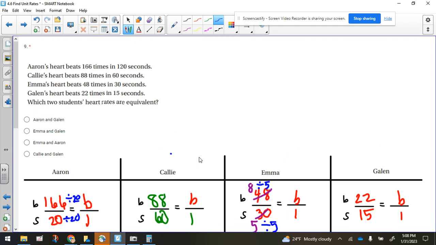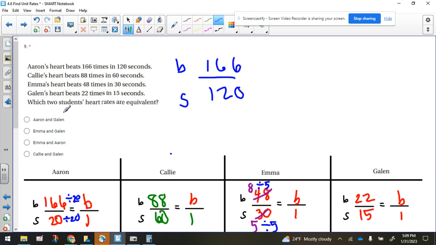What might be an easier way to do this is if you take each answer choice. So let's take these two people. Aaron, he was 166 beats in 120 seconds.